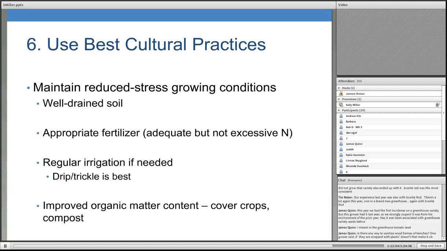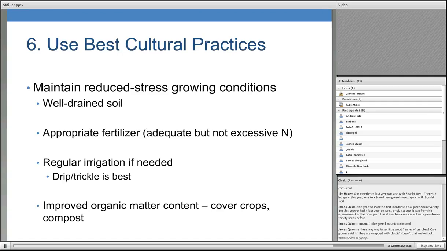Okay, some other cultural practices that I'll spend a little bit of time on now are maintaining reduced stress growing conditions, well-drained soil, and not overdoing the nitrogen. Especially inexperienced growers tend to put in too much nitrogen and get those plants looking really lovely, but for one thing, they don't produce fruit very well under those conditions, and a lot of diseases tend to be worse when the plants are off balance because of too much nitrogen.